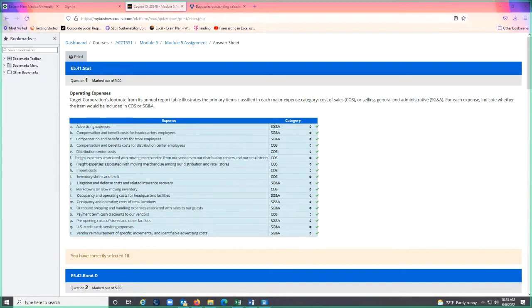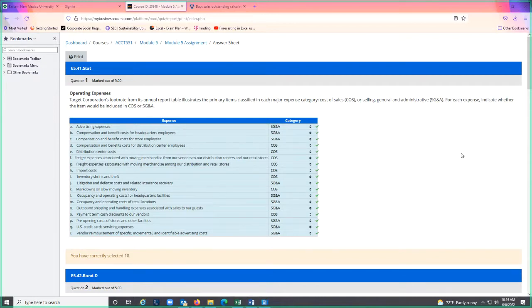Target Corporation's footnote, which is regarding operating expenses, from its annual report table illustrates the primary items classified in each major expense category, which are cost of sales or selling and admin.